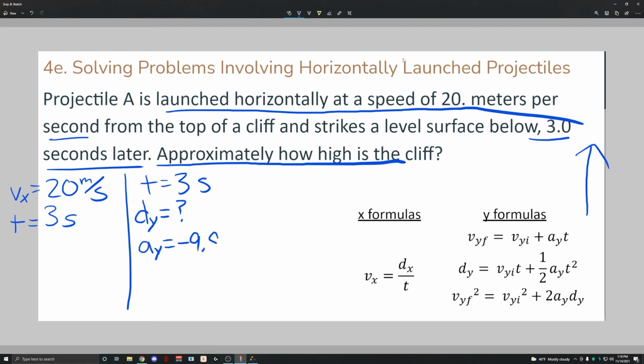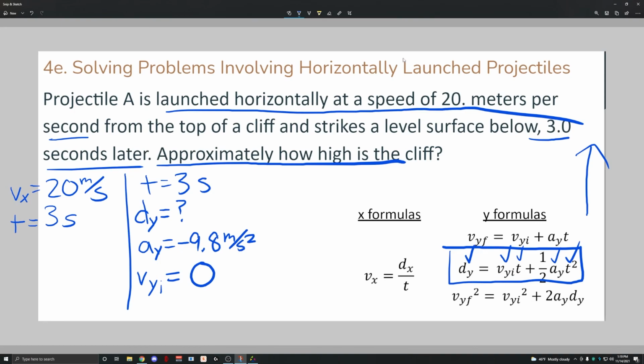Acceleration in the y direction is negative 9.8 meters per second squared. And your initial velocity in the y direction is 0. So we're solving for dy. We're going to use this formula, it has everything we need. We know Vyi, we know a, and we know t.